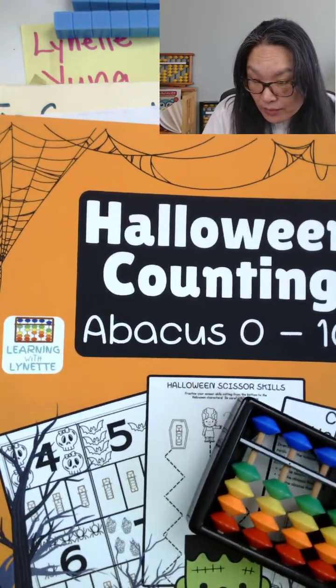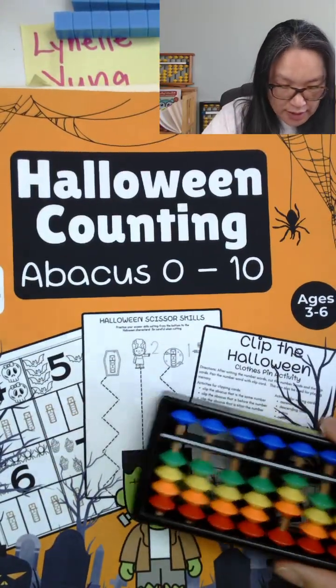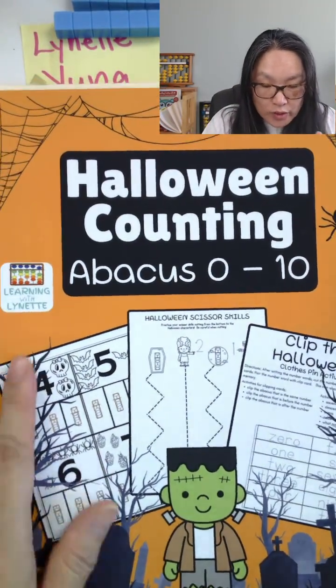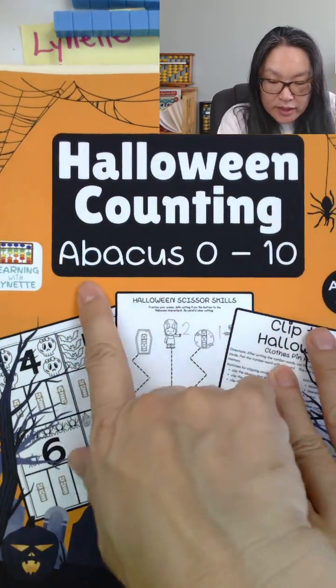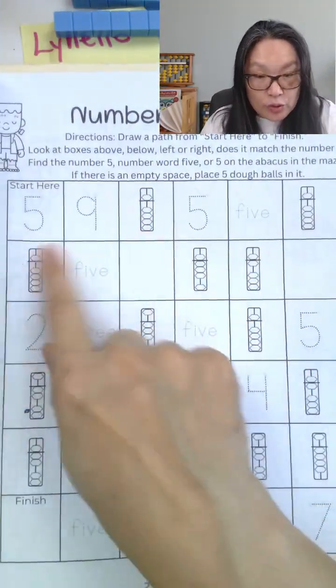I am planning to make an introduction to abacus without the theme, but since your child is 5 and you only want them to learn how to read the abacus, I have the Halloween one, and it only goes from 0 to 10. This is straight like just talking about how to read the abacus and do bead recognition.